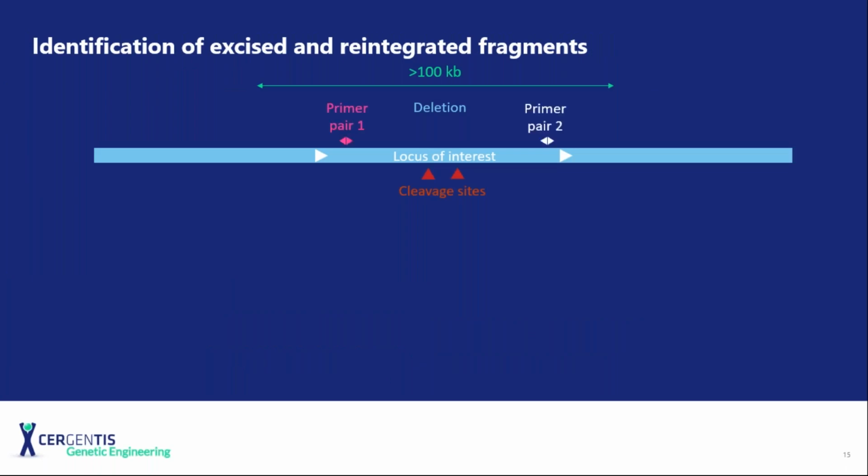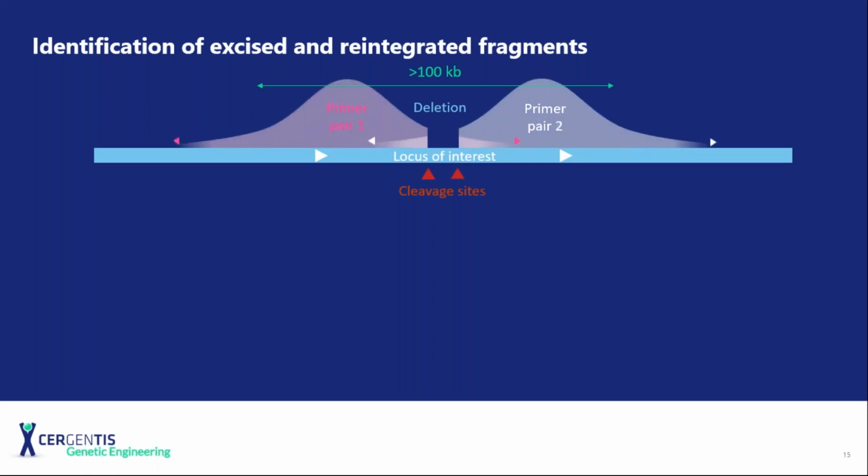Furthermore, TLA is also used for detecting any genetic editing events, which may occur in a fashion that there is an excision and reintegration of a specific fragment during the genetic editing experiment. And this shows up in both primer sets coverage as a deletion, which I will also get back to later.